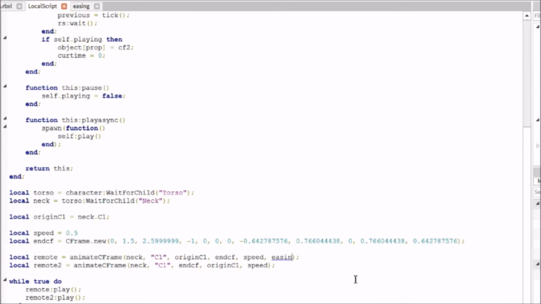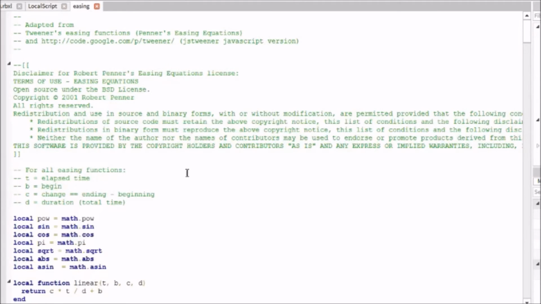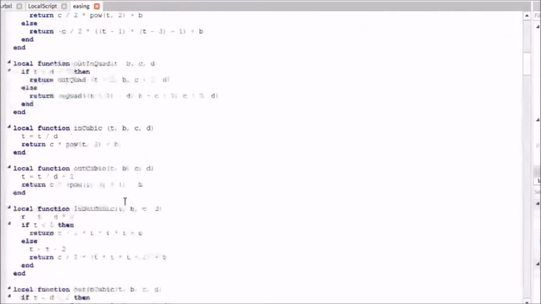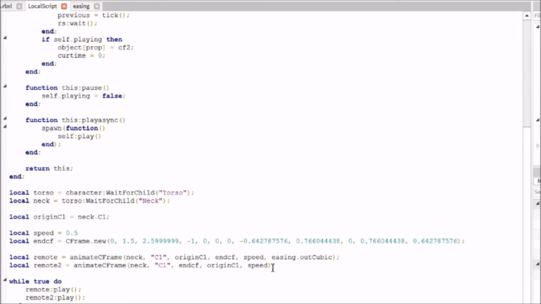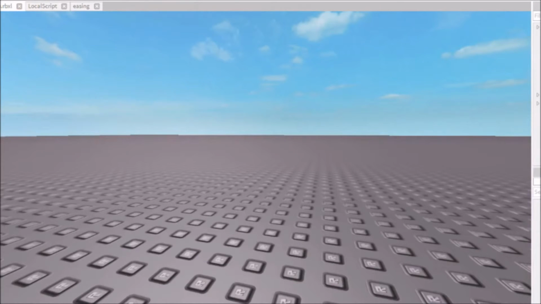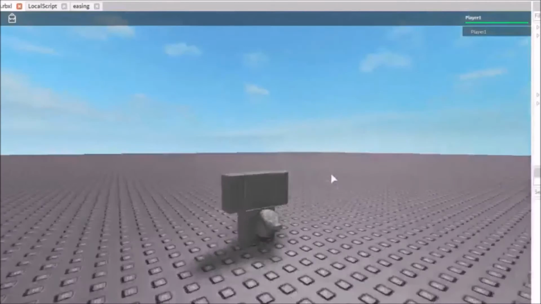Easing, so easing dots. I don't know, what's a good one? Out cubic, I guess. So as I said, these change the quote-unquote weight. So easing dots in cubic. So these will be the same thing, and they'll take the same time, but they actually change.